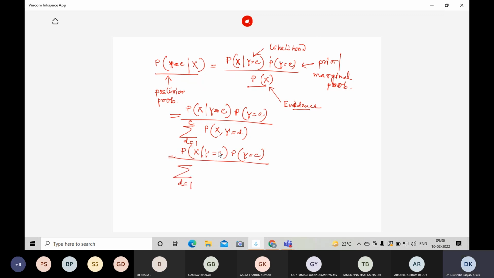Further we can write summation over probability of x given y equals to d, probability of y equals to d. Now this is the Bayesian classifier where we estimate the posterior probability in terms of likelihood and prior probability or marginal probability, in presence of evidence.